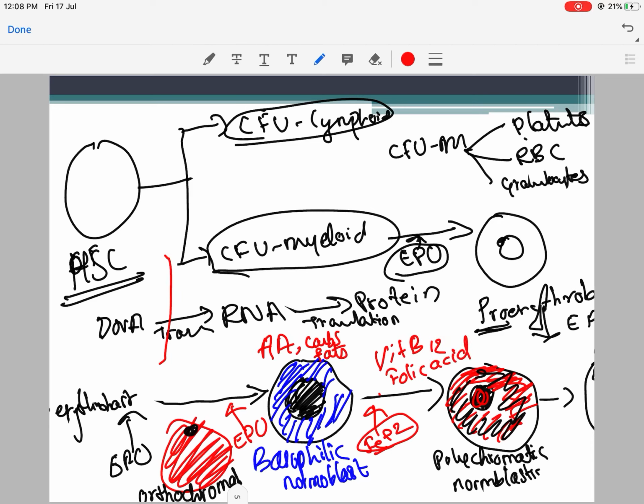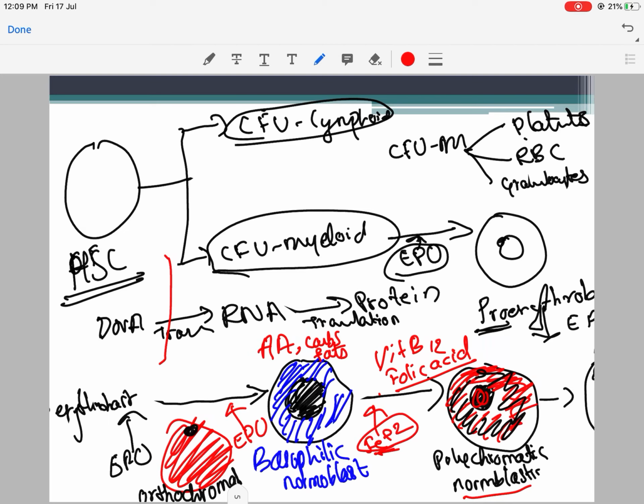If vitamin B12 and folic acid are not present, the nucleus which is condensing as it matures does not condense and remains large. If the nucleus remains large, the cell will also remain large, resulting in an anemia called macrocytic, where the cells are large, also called megaloblastic, because the bone marrow shows large blasts, that is, the normoblast is large, which is called megaloblast.